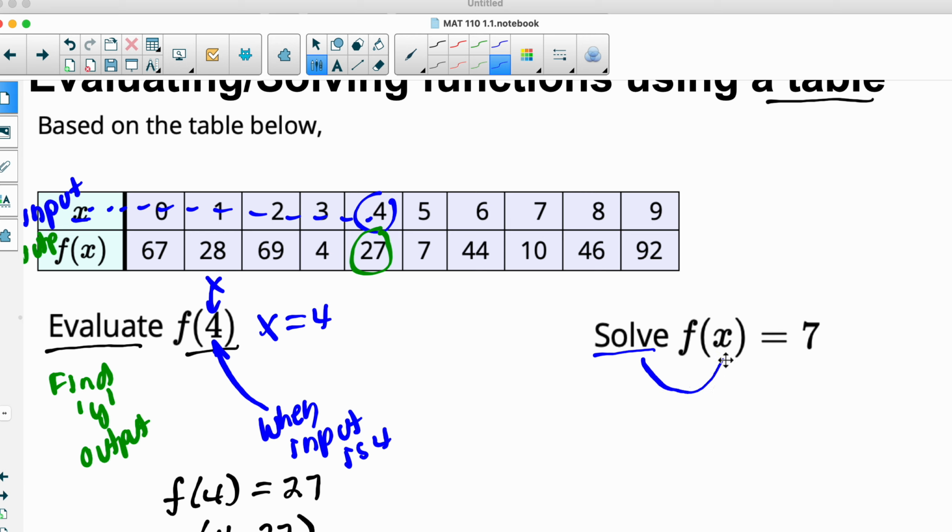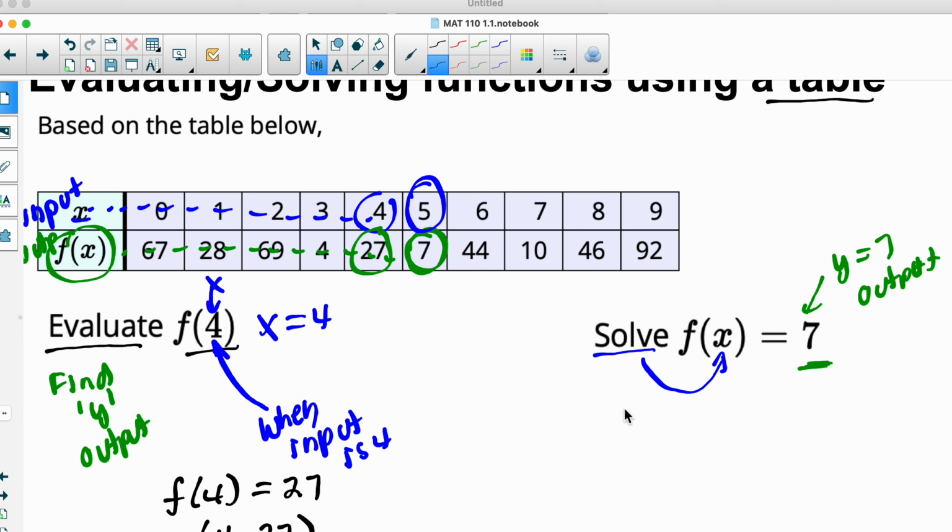So it really means solve for x when y is equal to 7, or when the output equals 7. So here, this is my output. So I want to go to my output row and I'm going to go across until I find where I have an output of 7. So when the output equals 7, the input equals 5.